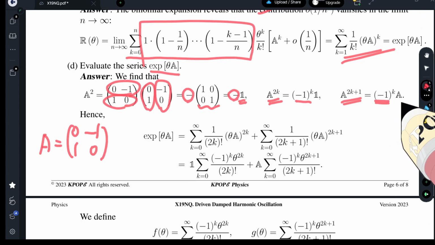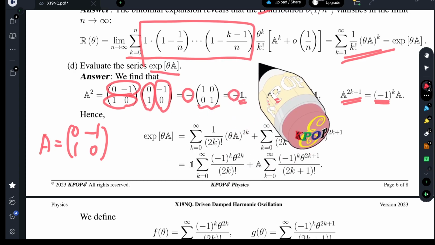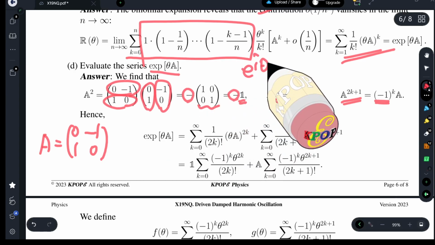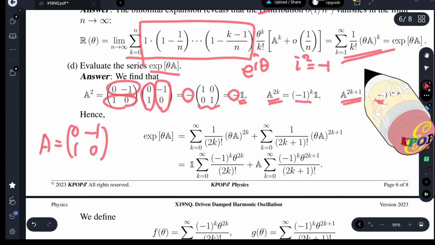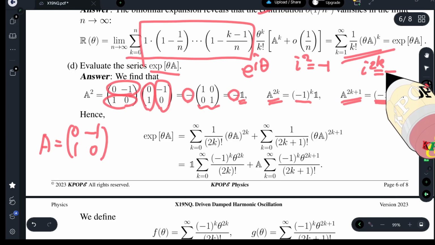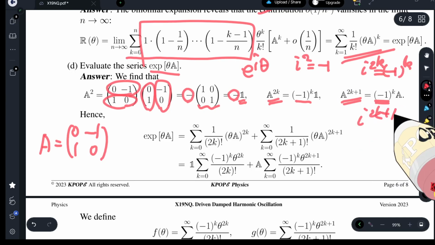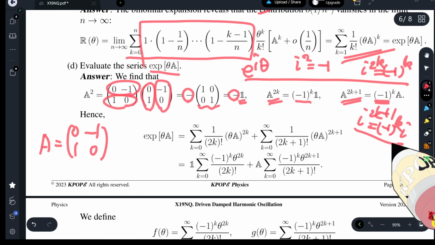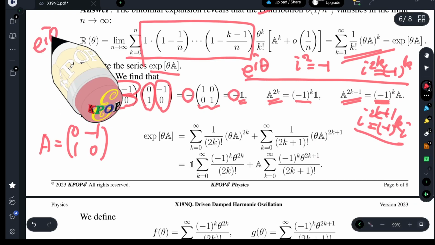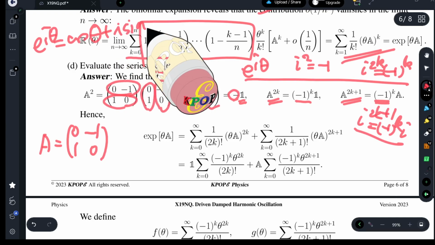It is very similar to the summation of the exponential of i theta, where i squared equals minus 1, i to the 2k equals minus 1 to the k, and i to the 2k plus 1 is minus 1 to the k times i. And that was used to derive Euler's formula, cosine theta plus i sine theta.